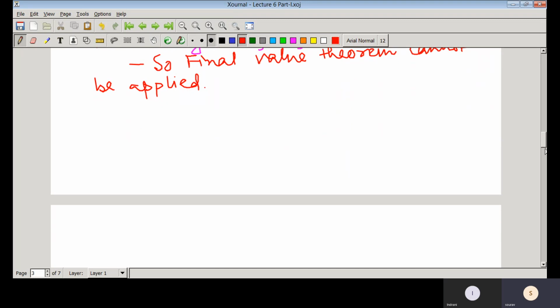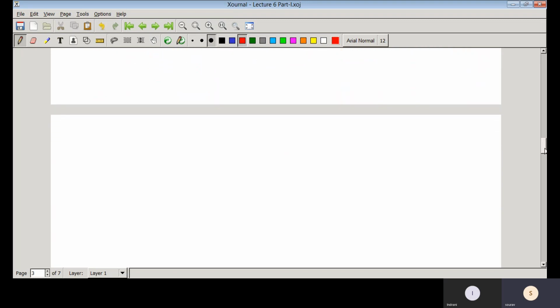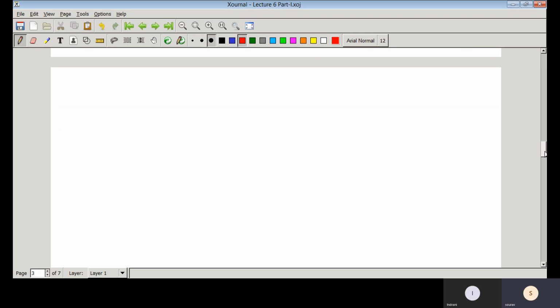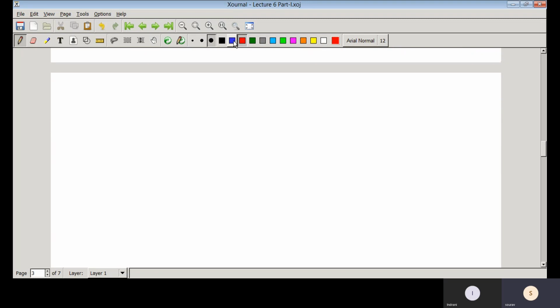So now let us take one example, and I would ask all of you to simulate this example in MATLAB. Then you can see what happens. So another example. Suppose you have a system which is a pure integrator with some gain, K1 by s.